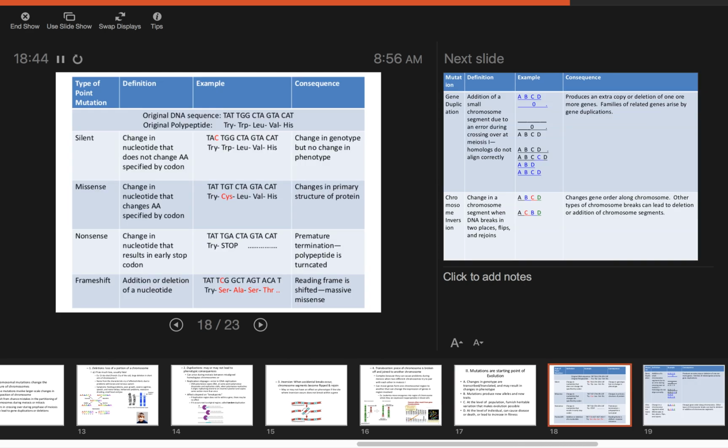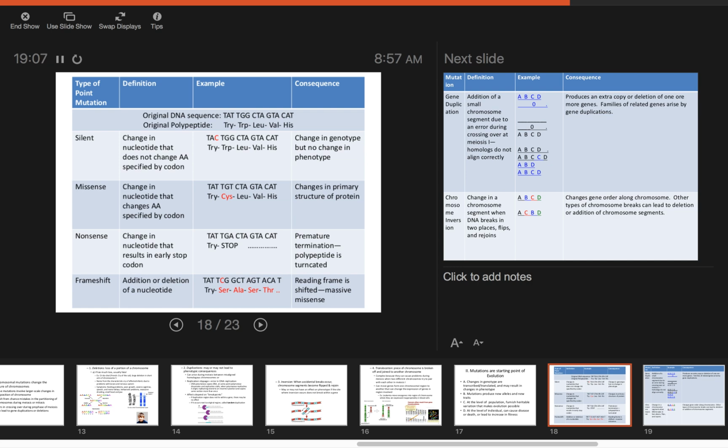Now the last 2 slides for the lecture, I just made a table of all the mutations. So this is point mutation. We talked about silent, where it codes for the same amino acid, tryptophan, tyrosine. Missense means you get a different amino acid, which changes the primary structure of the protein.